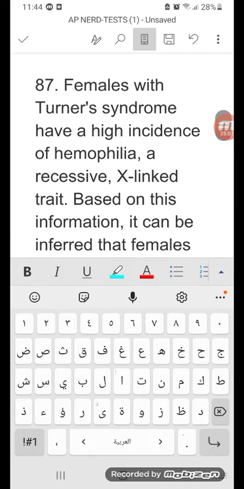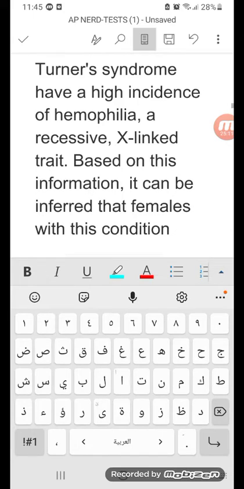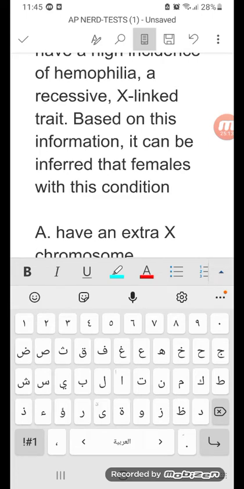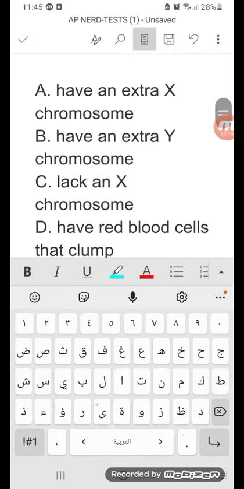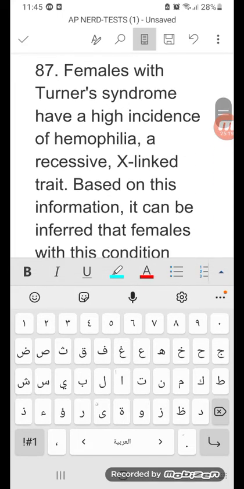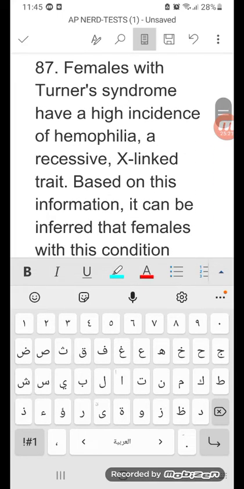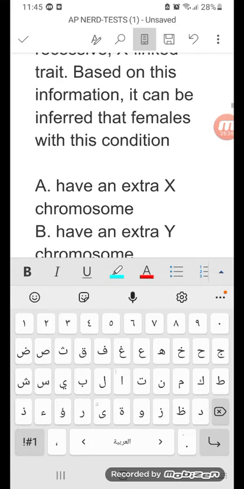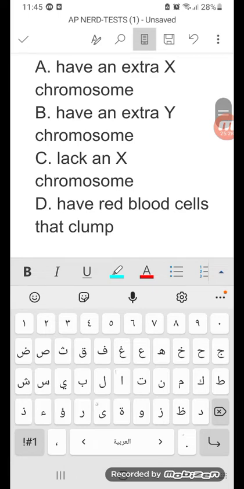Females with Turner syndrome have a higher incidence of hemophilia, a recessive X-linked trait. Based on this information, it can be inferred that females with this condition have an extra... Of course, Turner syndrome, they have 45 chromosomes. They lack an X chromosome.